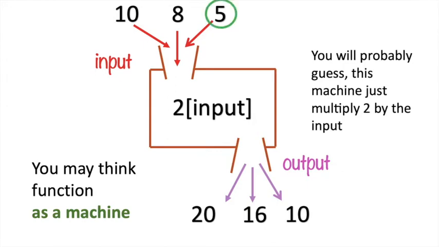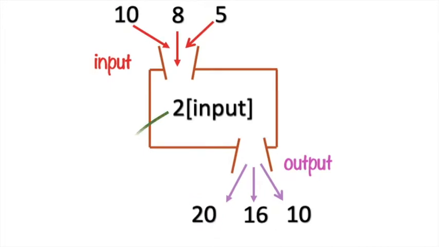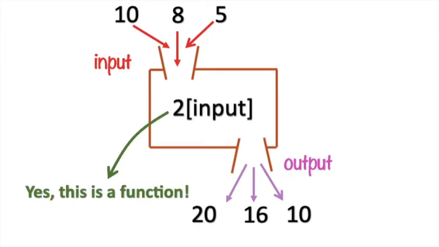2 times 5 is 10. 2 times 8 is 16. 2 times 10 is 20. And yes, this is a function.